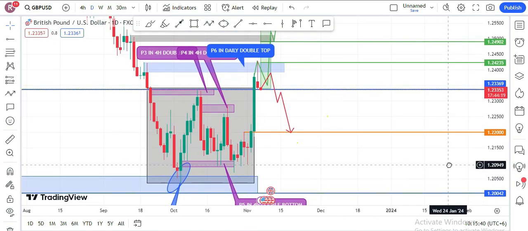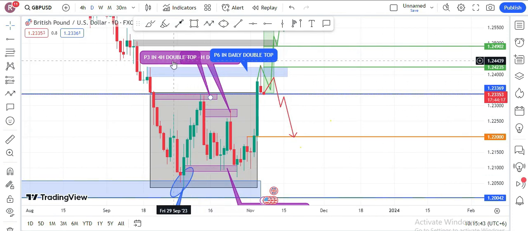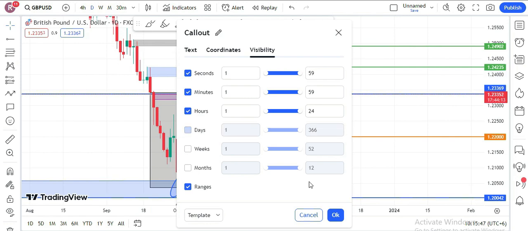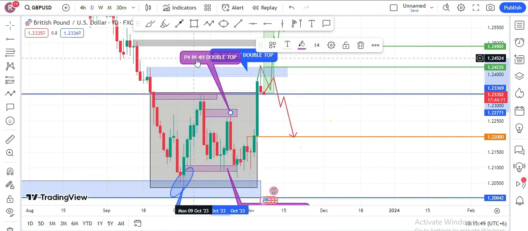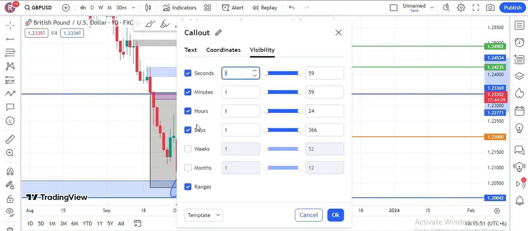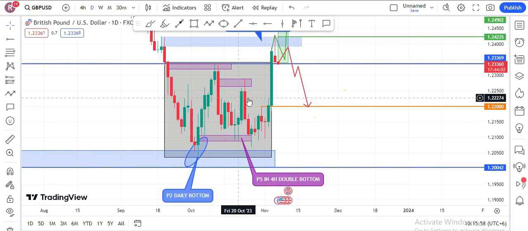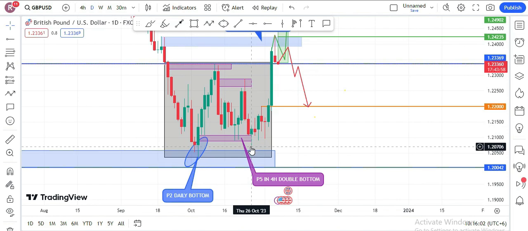Now if we measure, let's put some of the legend in daily, so the chart looks a little bit clearer in daily, and we can discuss. So from this P4 has created this P5.